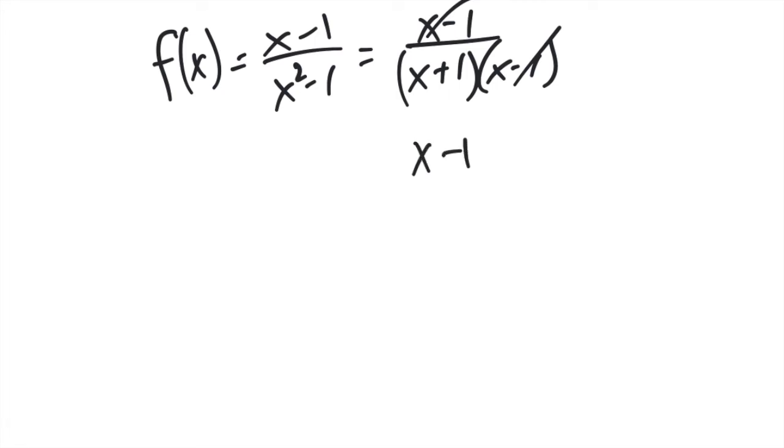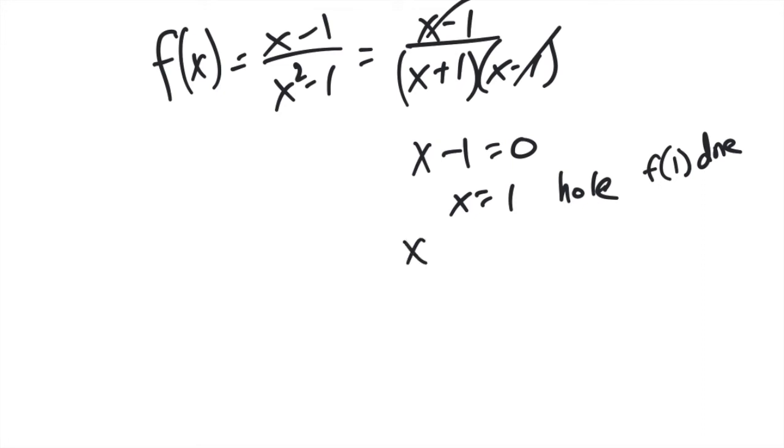So for x minus 1, when you set that equal to 0 you get x equals positive 1, and there's a hole there. So there's still a discontinuity there, but again, we want to think about what's causing that discontinuity. The hole there means f of a, or f of 1, does not exist. And then there's still also a discontinuity at x equals negative 1.